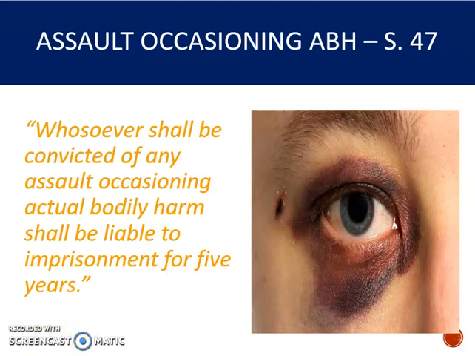This language is a bit confusing because when it's saying assault occasioning actual bodily harm, it's using the word assault here as common assault. So if you remember from our first video, we said that common assault means assault or battery. So this definition is actually saying if someone has done an assault or battery which has caused actual bodily harm, they can be imprisoned for 5 years.